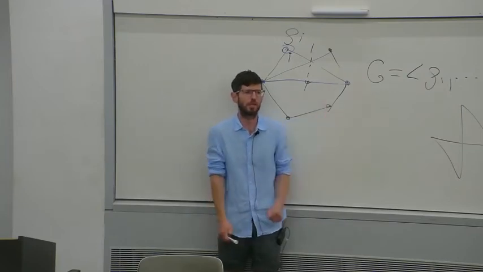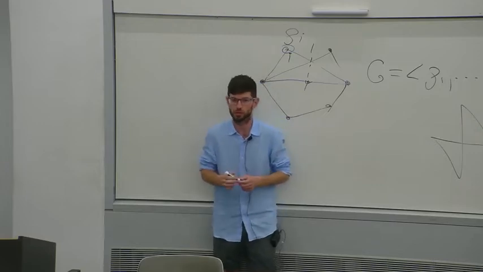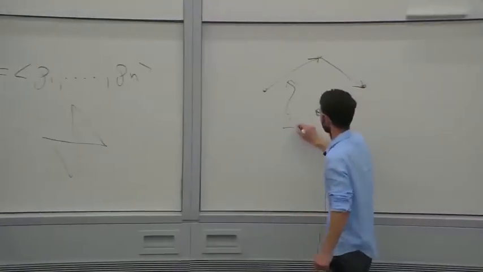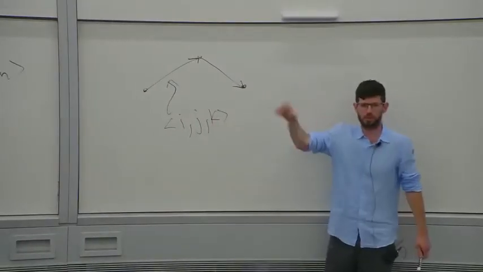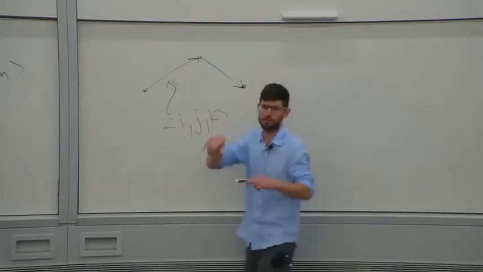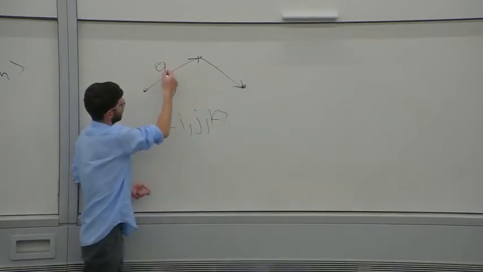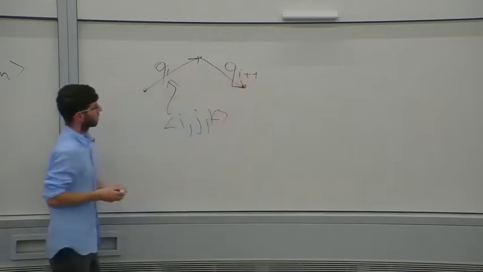I will identify R3 with purely imaginary quaternions, the span of i, j, k. Then I can associate such a quaternion with every edge of the polygon. Let me call them q_i, q_{i+1}, and so on.